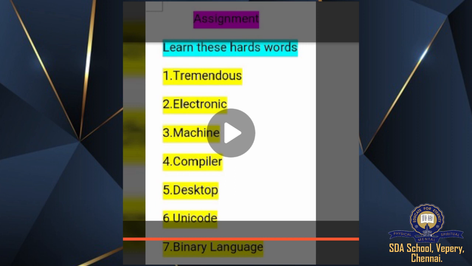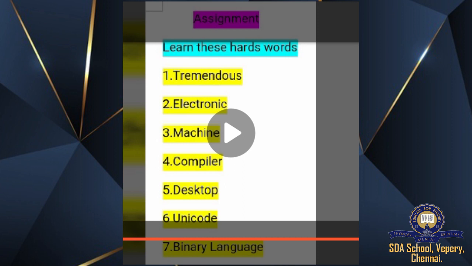First one is tremendous, TREMENDOUS. Second one, electronic, ELECTRONIC. Third one, machine, MACHINE. Fourth one, compiler, COMPILER. Fifth one, desktop, DESKTOP.